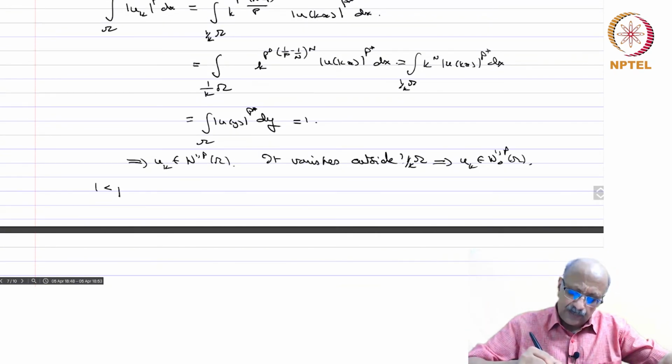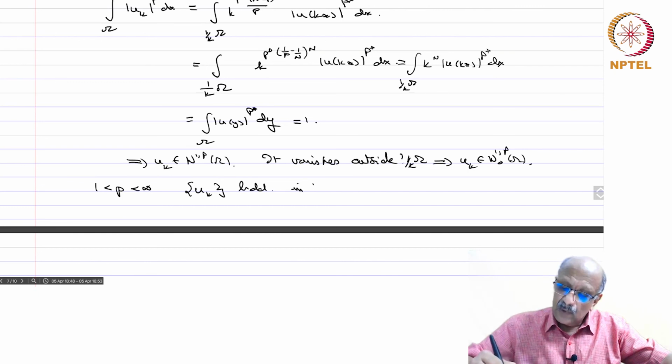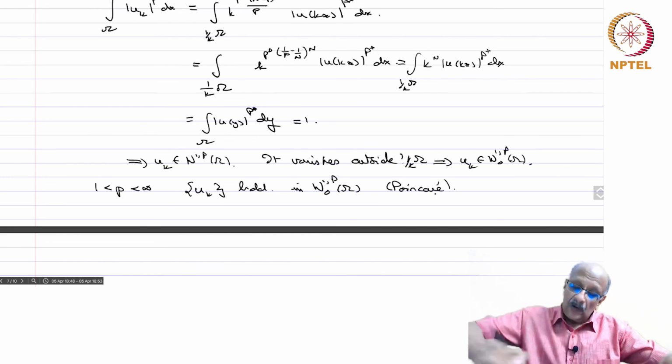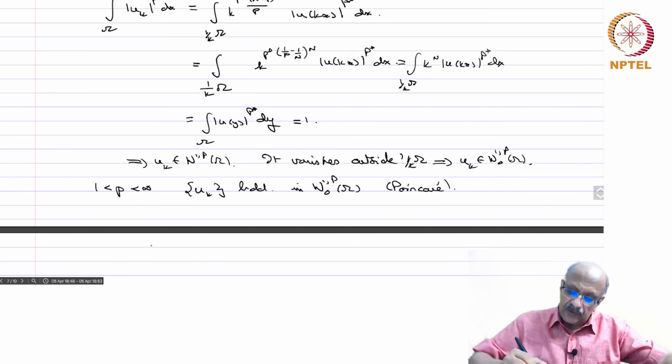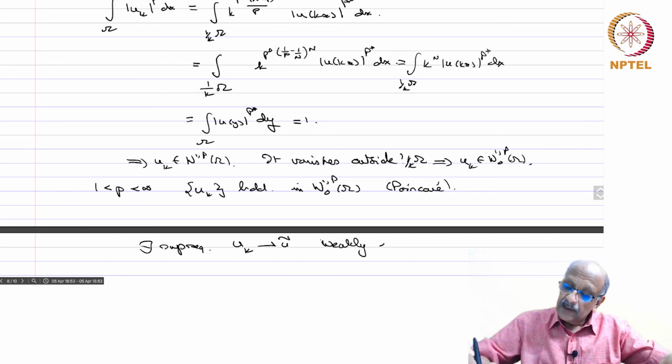So let 1 < p < infinity. So u_k is bounded in W^{1,p}_0 of omega, because its norm is bounded, and therefore by Poincare, there exists a subsequence, which I will again call u_k, such that u_k converges weakly to some u tilde in W^{1,p}_0 of omega, because it's a reflexive space.